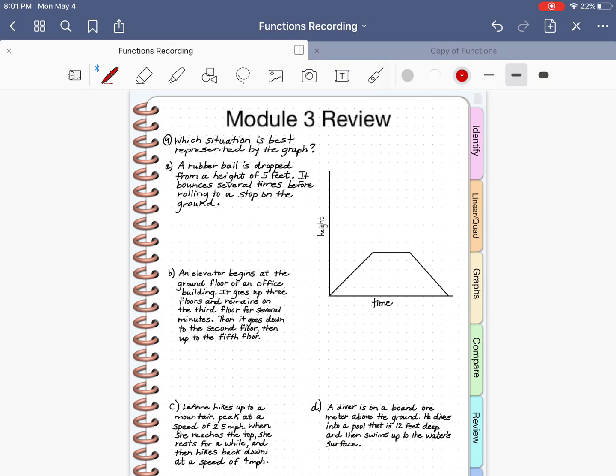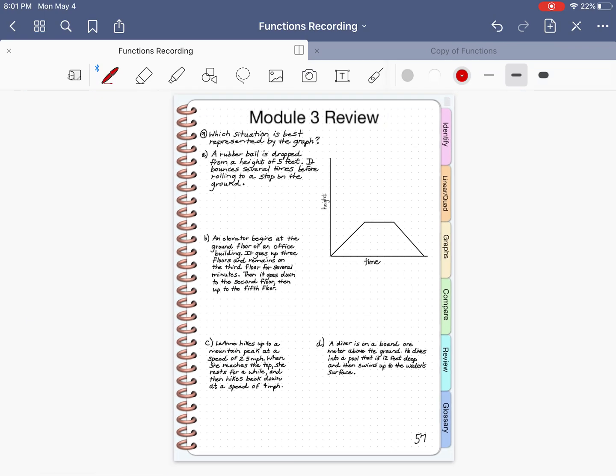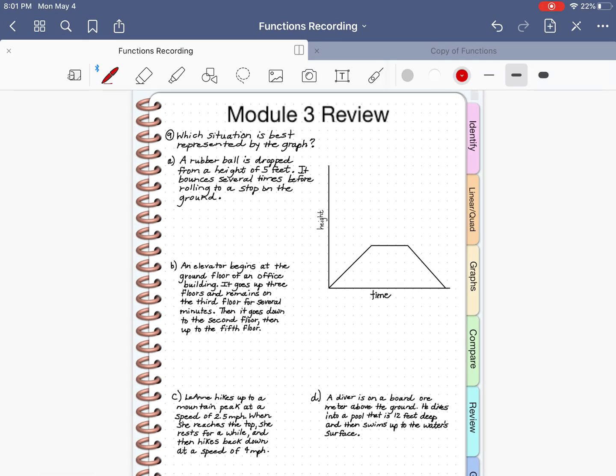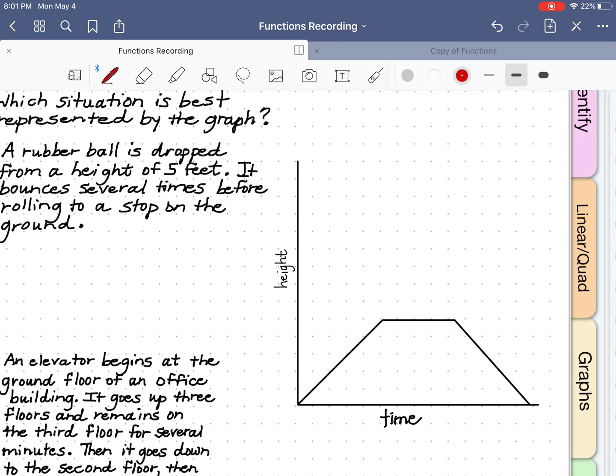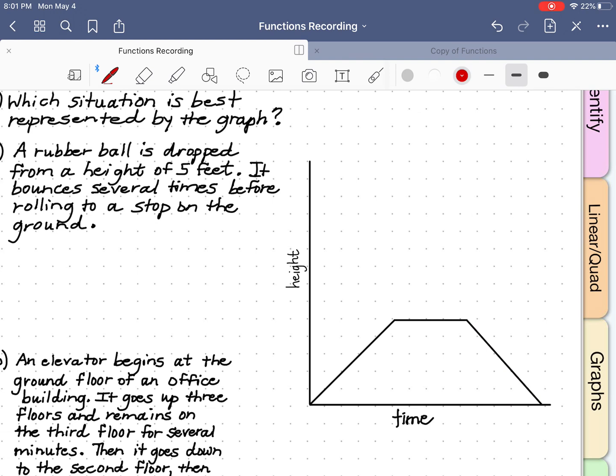All right, number 9. Which situation is best represented by this graph? And by the graph, I am referring to this one that you see right here, where we have height and time.